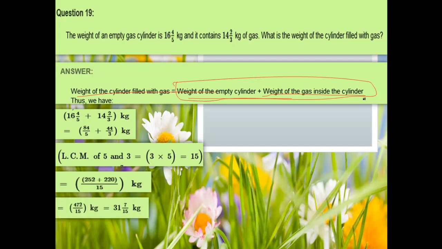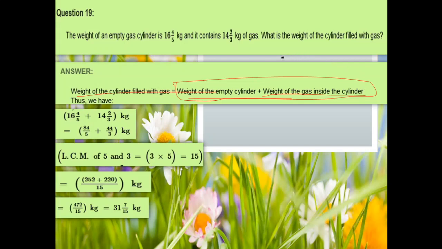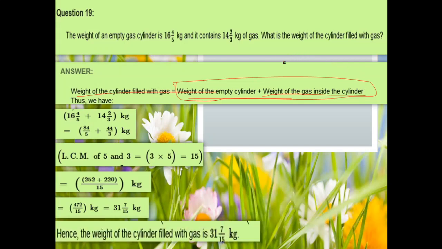And then we arrange and convert into improper fractions, then we find the LCM. The denominators 3 and 5 are prime numbers, so we can find directly that 15 is the LCM. And then we show the addition. What is the total? 472 upon 15 kg.